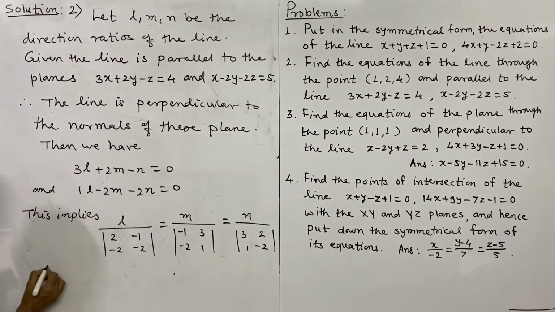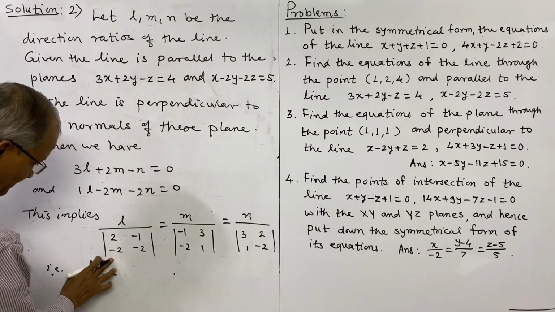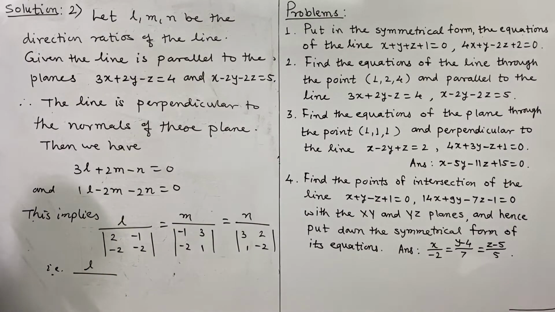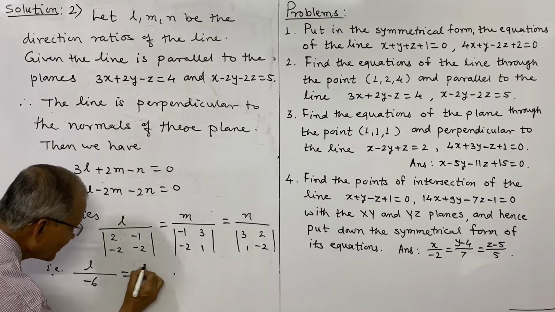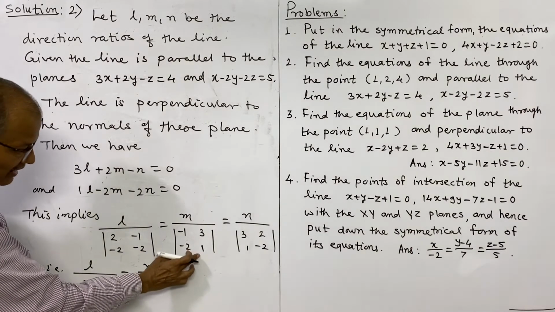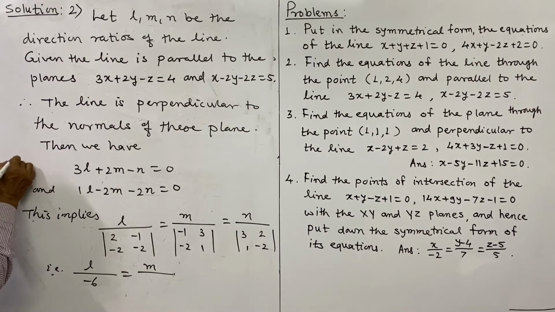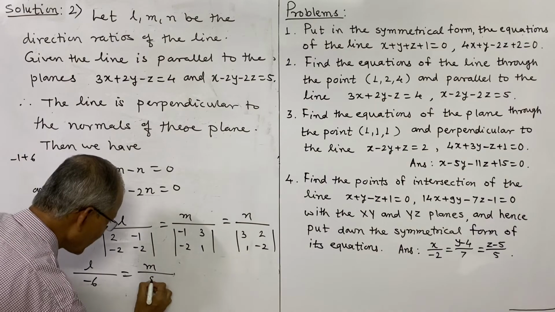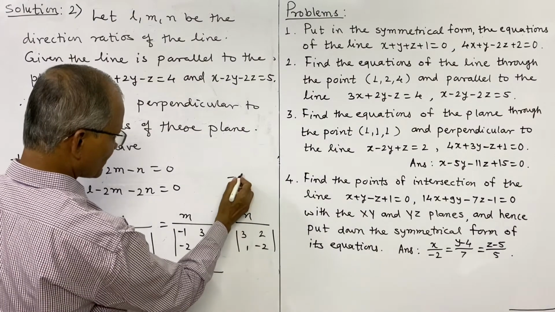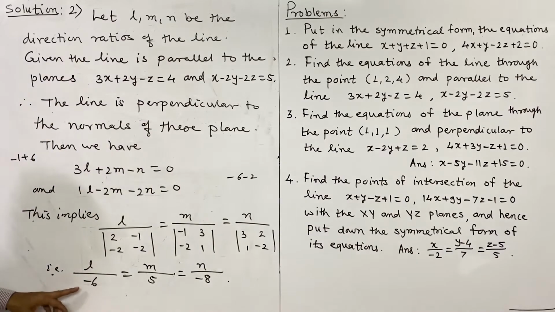So L divided by minus 4 minus 2, that gives minus 6. M divided by minus 1 plus 6, that is 5. You should check these calculations. And N divided by minus 6 minus 2, that is minus 8. So these are the DRs of the line.